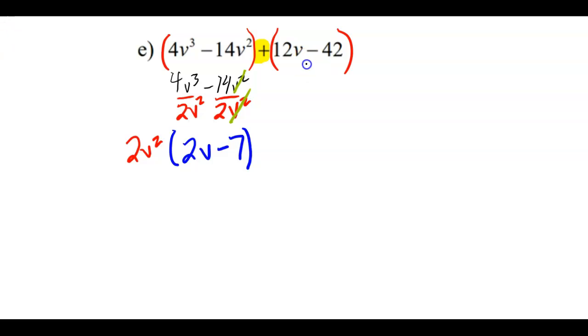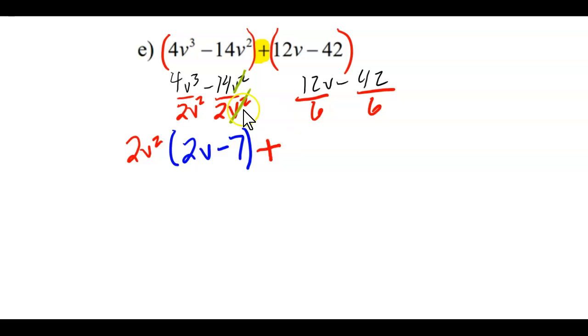So let's look at the second set, 12v minus 42. And 12 and 42 both divide by 6. So remember, I need the plus sign, because since I have addition up here on the main problem, I'm going to need addition on my factored problem on my next step here.